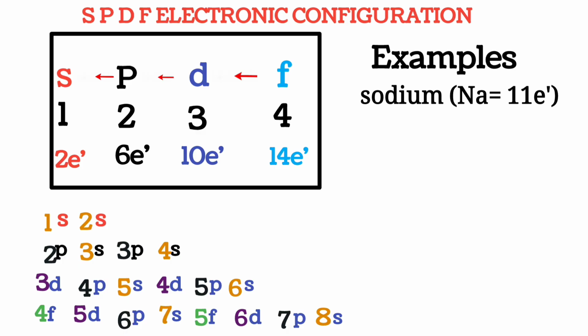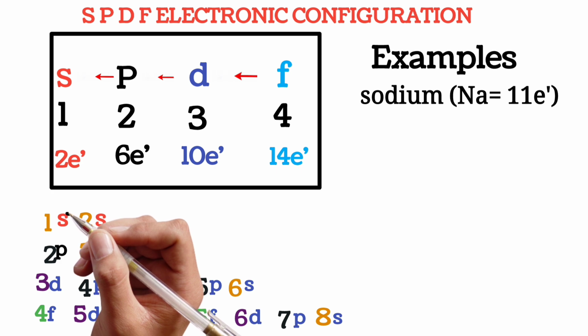Let's see how we can distribute these electrons and then come out with the electronic configuration of sodium. Remember that the s orbital takes a maximum of 2 electrons, the p 6 electrons, the d 10 electrons, and then the f 14 electrons. So let's start.